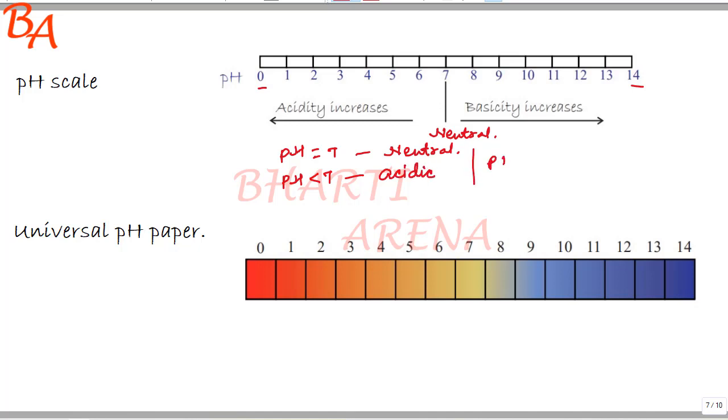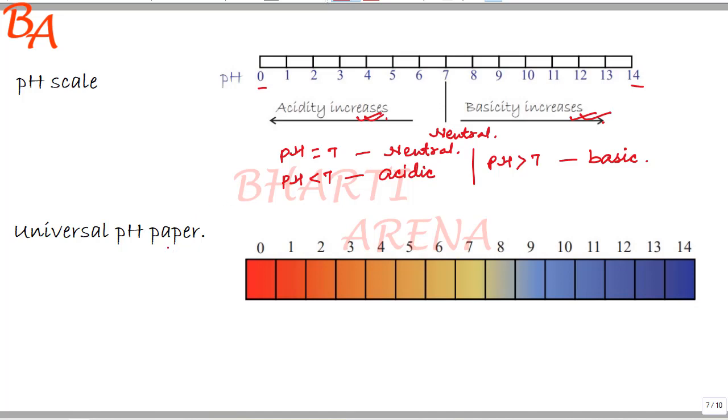And if pH is greater than 7, then the solution is basic. So as we go left side from 7 to 0, the acidity increases, and as we go from 7 to 14 in the right side, the basicity of the solution increases. So this is known as pH scale, which ranges from 0 to 14.